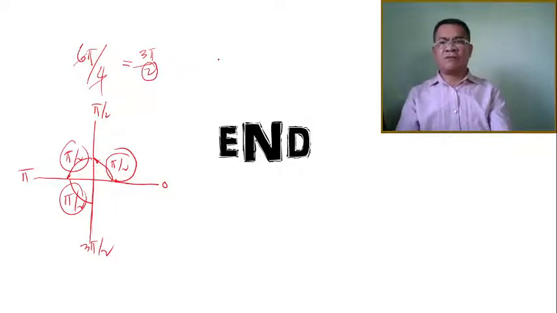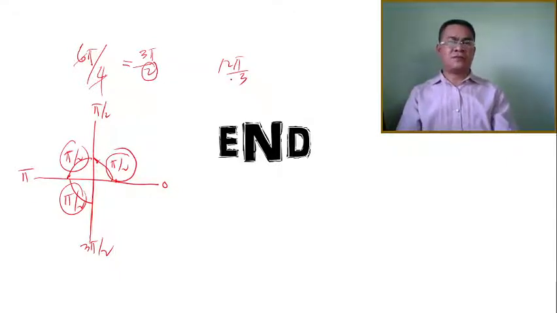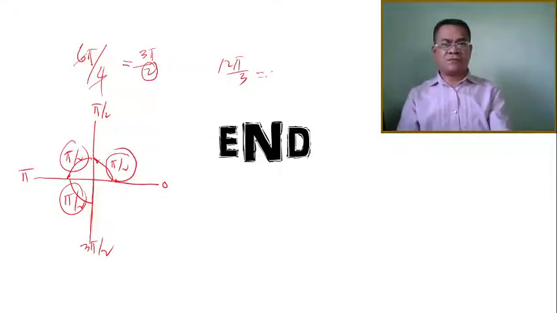Now, suppose I have 12 pi over 3. This is 4 pi. Where should the terminal side of the angle be? This is 1 pi, this is 2 pi, 3 pi, 4 pi. So this is your 4 pi, meaning this will end up on the positive x-axis.